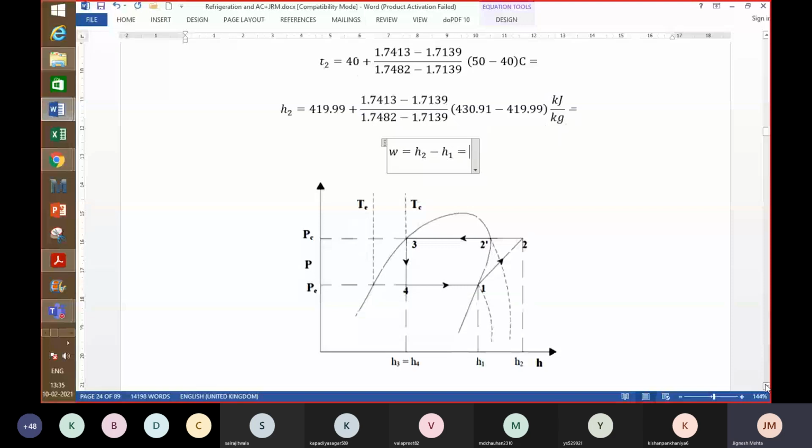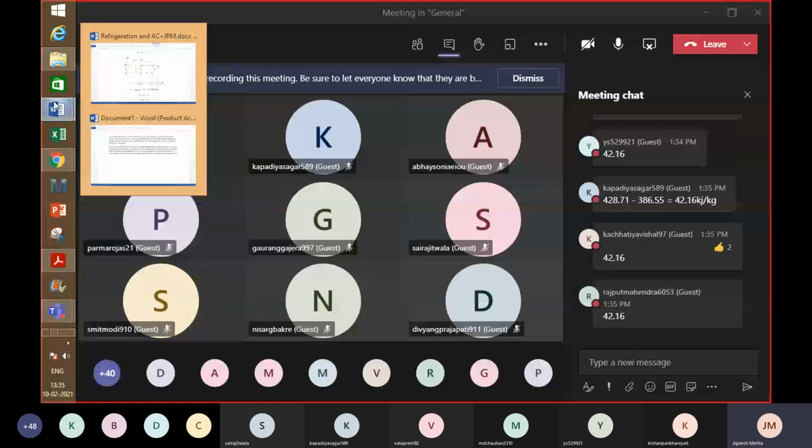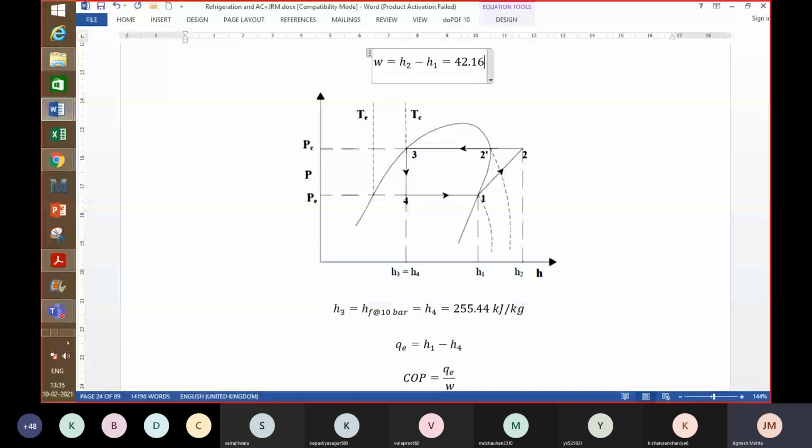Now, what is the other thing of interest? Okay, so let me write down this number, 42.16. Okay, I believe you people. So 42.16, right? Kilojoule per kg. Now H3.